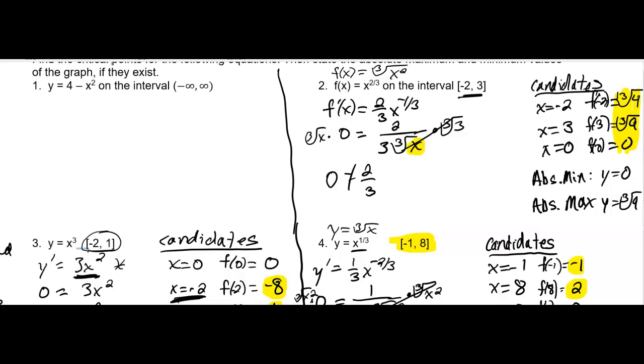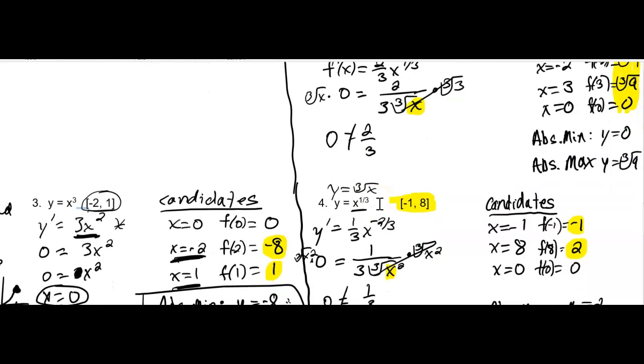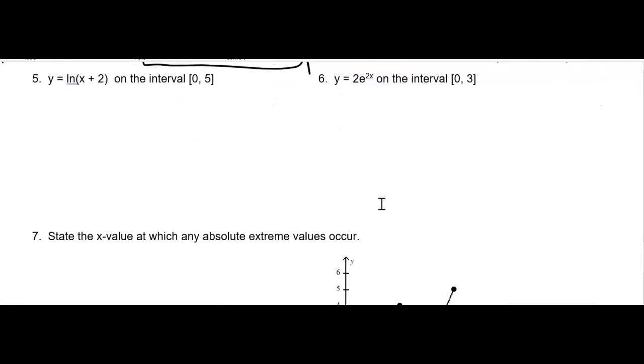All right, so now real quick, go to number 5, see if we're understanding, see if we can get some candidates, see if we can kind of work through our process there. Just again, take your derivative, we know how to do that.